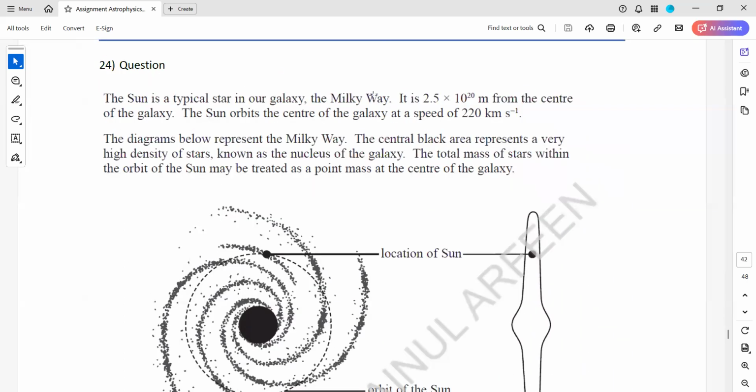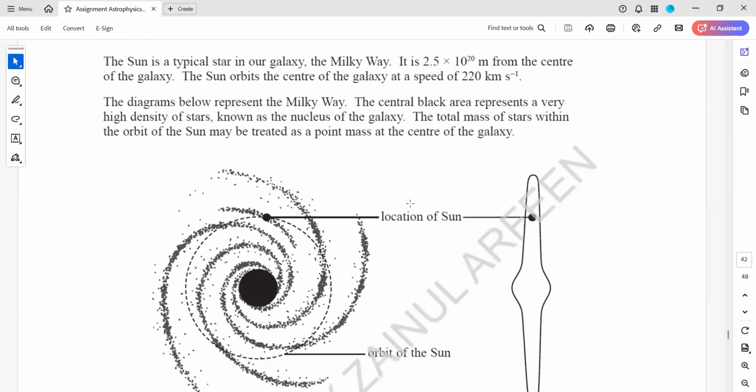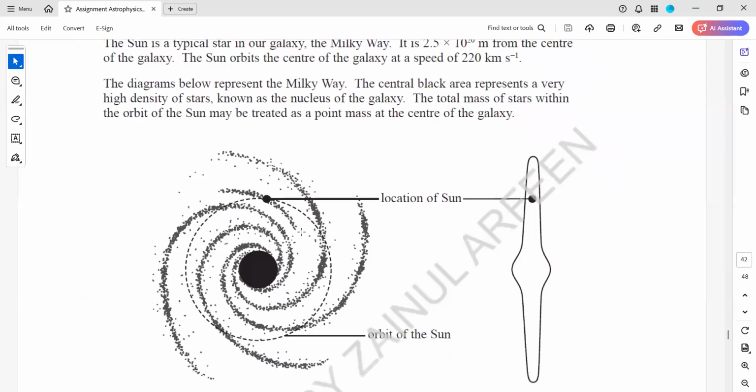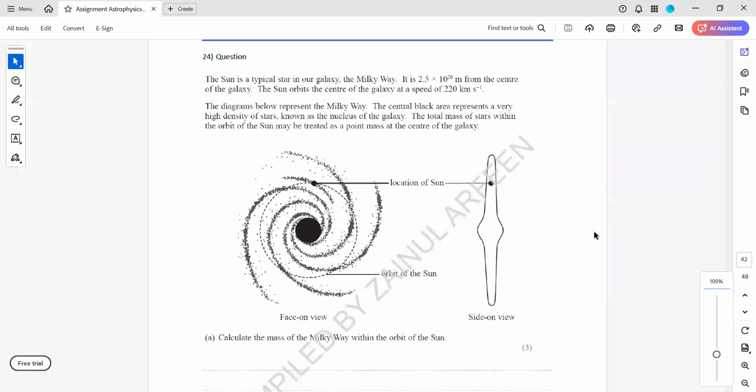We have question 24. The sun is a typical star in our galaxy. This is our Milky Way galaxy, and you can see the spiral arms. At the center of the galaxy there is a central black hole, which is holding all these interstellar bodies in place.